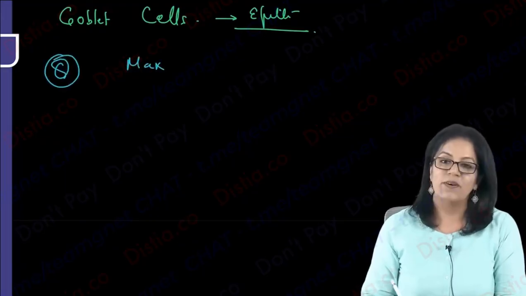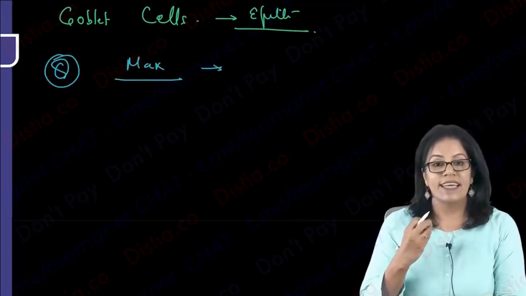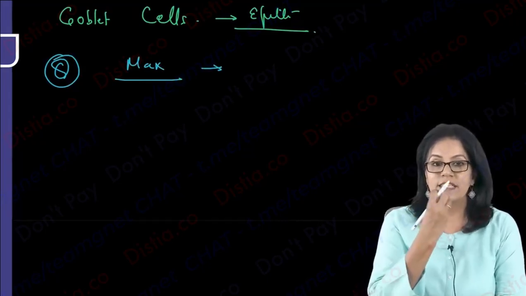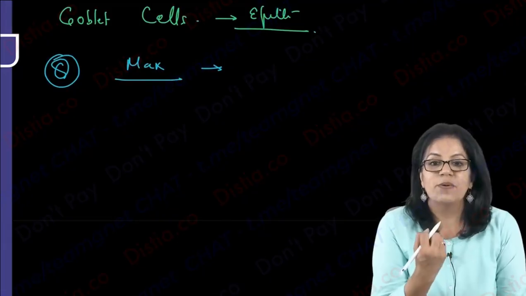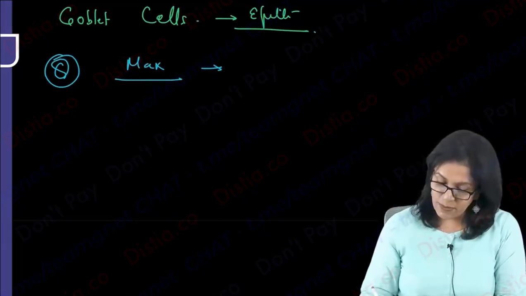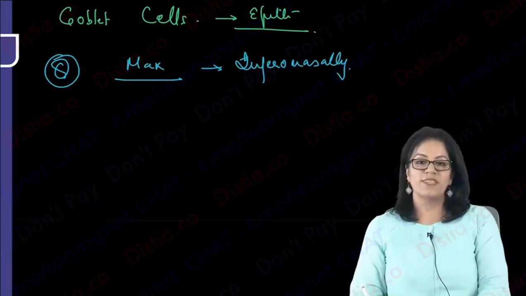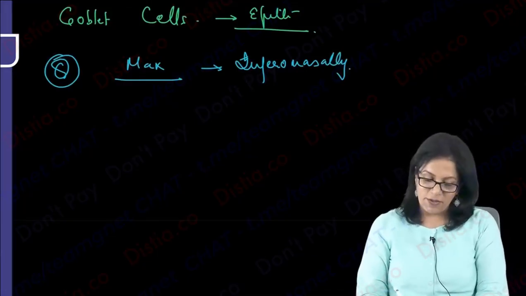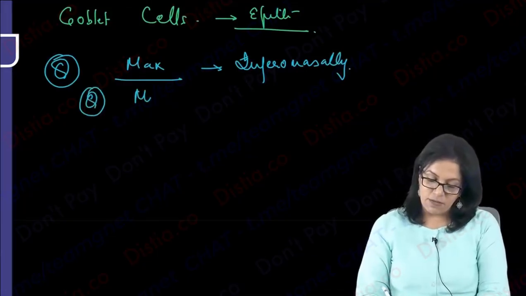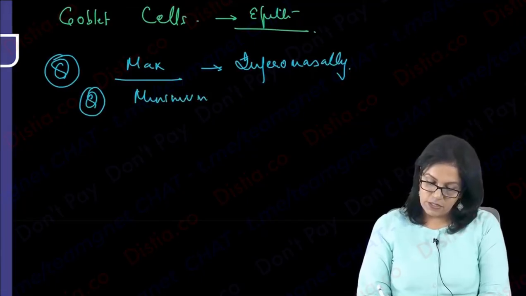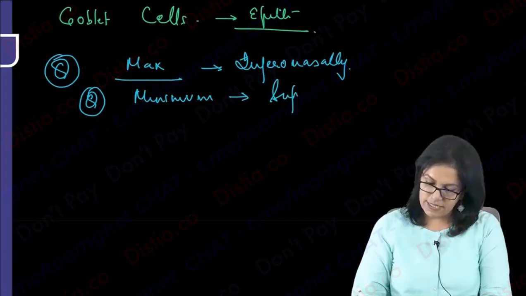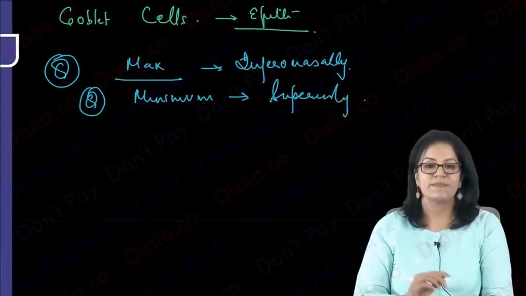Maximum, of course, is inferiorly in the inferior fornix, but mainly inferonasally. And suppose they now want to ask you where it is minimum, we are going to answer minimum goblet cells are present superiorly.